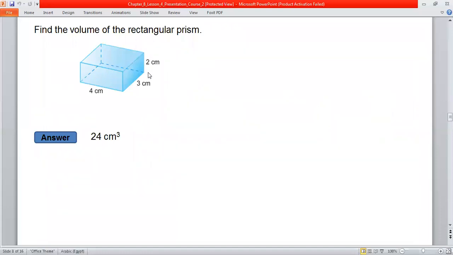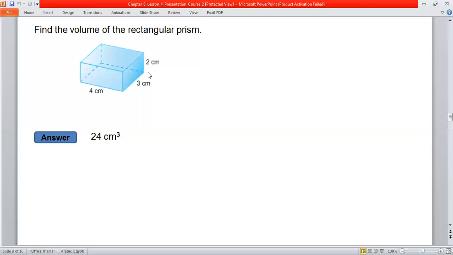If I need the volume, what do we do? I will multiply the three together. Why, Muhammad? The volume is equal what? Length by width by height. Again, the length is said without the G, Muhammad.